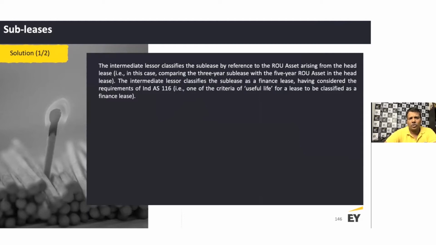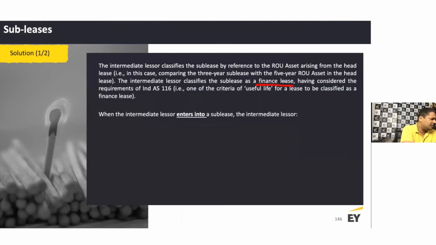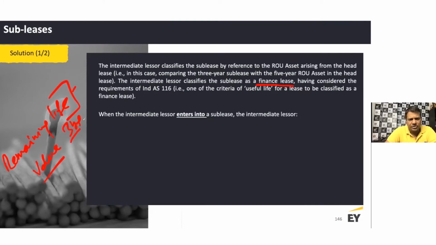The intermediate lessor will classify the sublease as a finance lease because I'm looking at it with reference to remaining life and value. In the information I have, the life was 3 years and I have leased it for 3 years. There's no other judgment actually which is required.